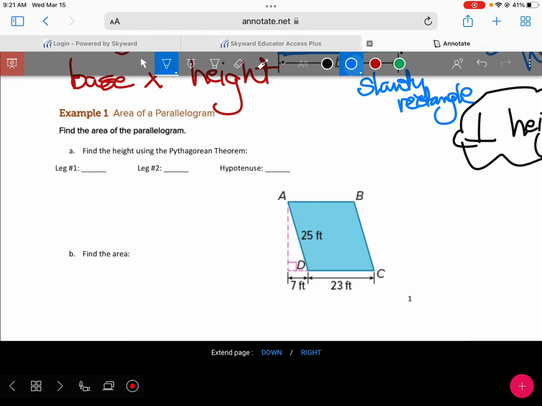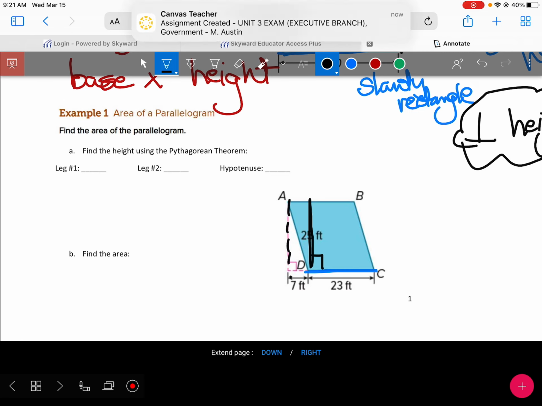Here is my base, right there. My height, again, we want this height that is perpendicular. Well, we don't have it. It's going to be over here. So we're going to have to use the Pythagorean theorem to find that height.